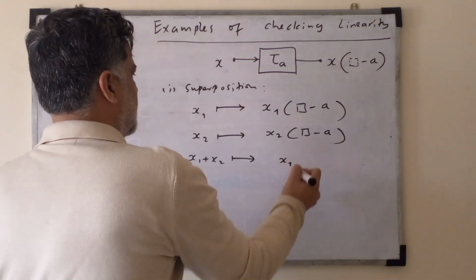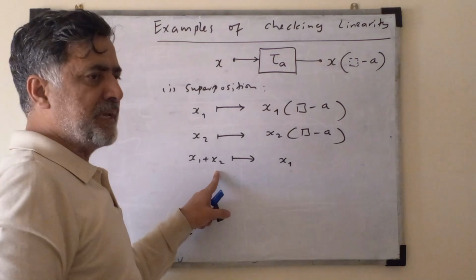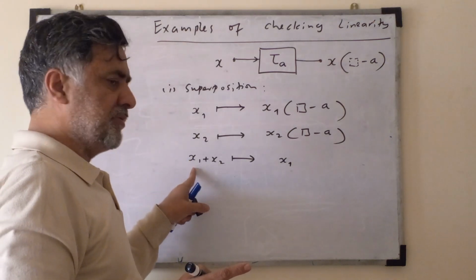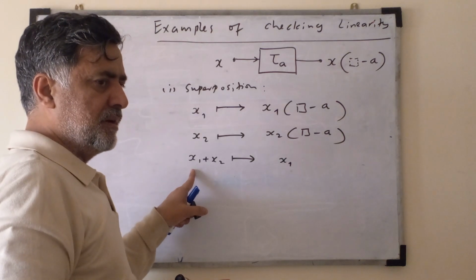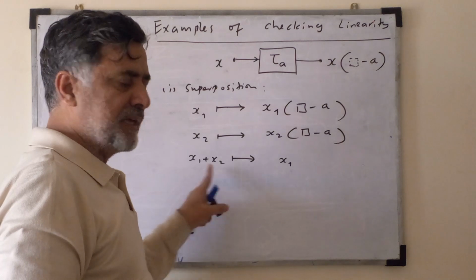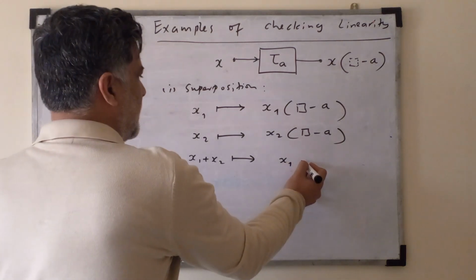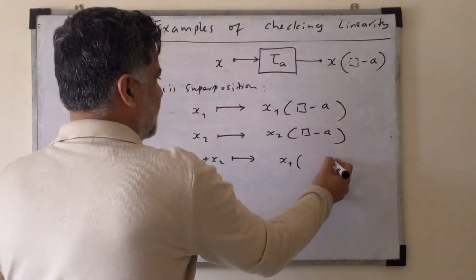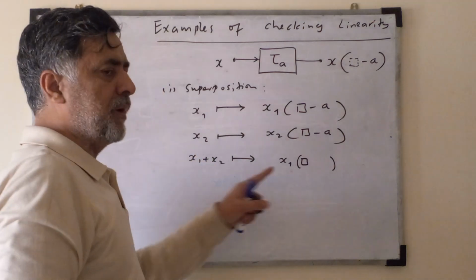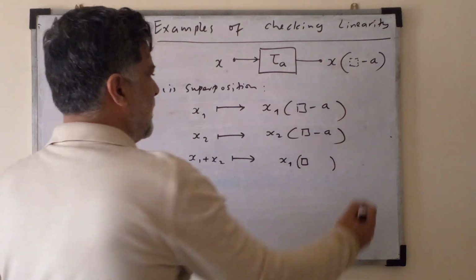Because x1 plus x2 means that at any point in time you first calculate x1 of t, then you calculate x2 of t, and then add the two. If there was no shift, x1 will map to x1 and x2 will map to x2.